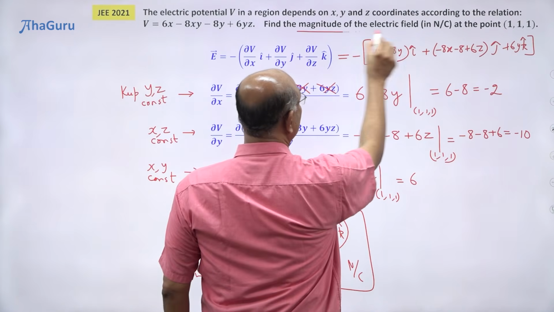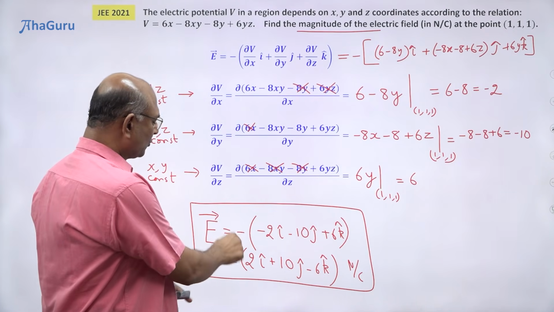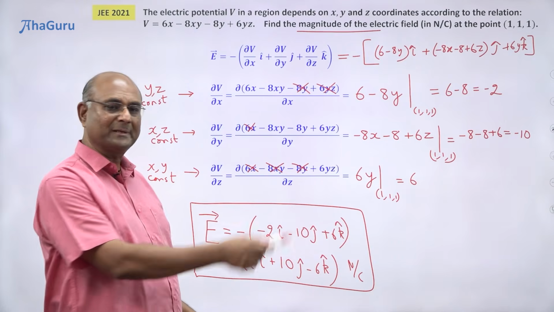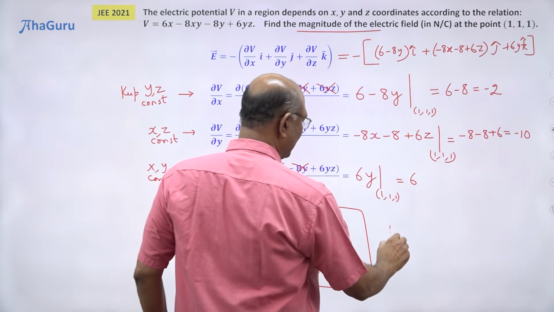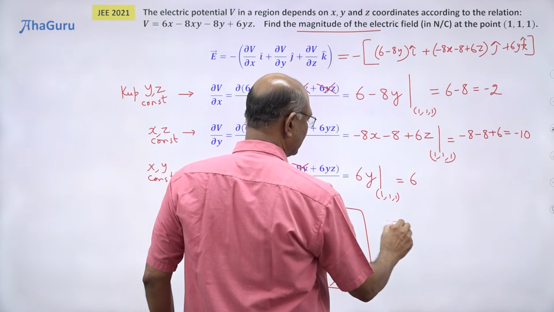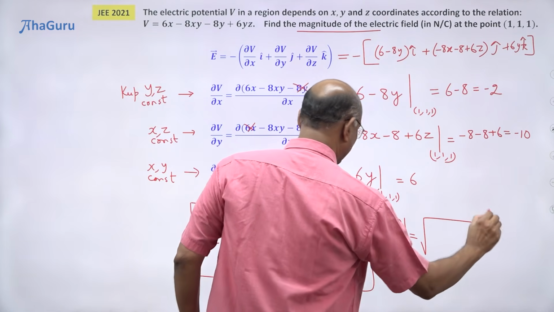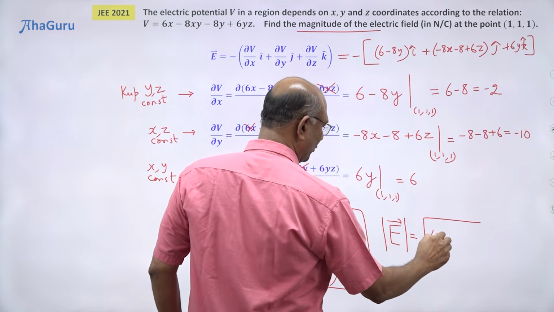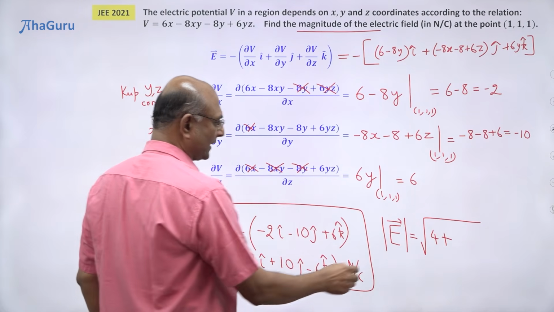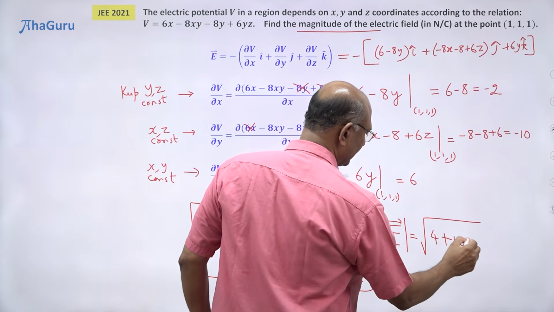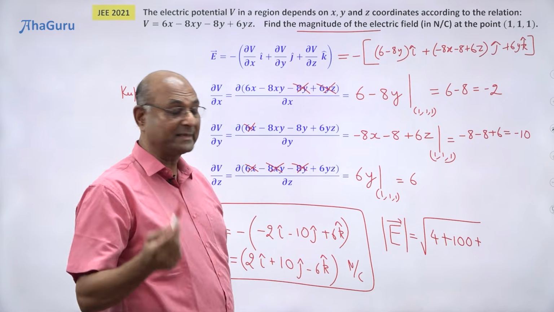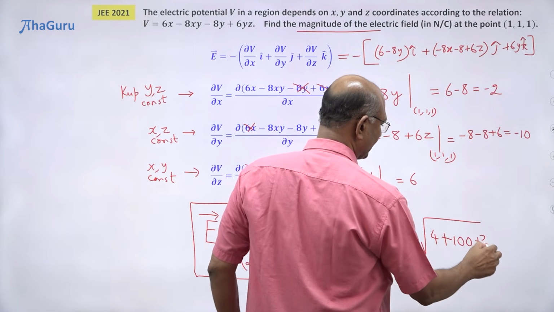Since only the magnitude is asked, you basically say root of 2 square plus 10 square plus 6 square. So the electric field magnitude is root of 2 square 4, 10 square 100, 6 square 36.